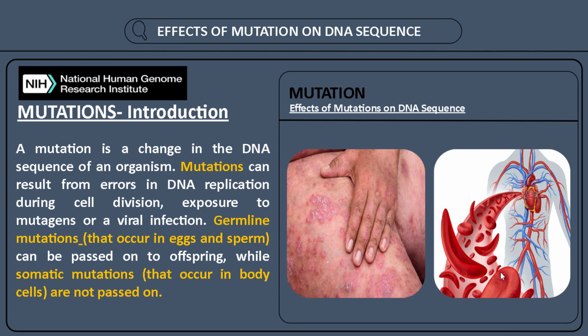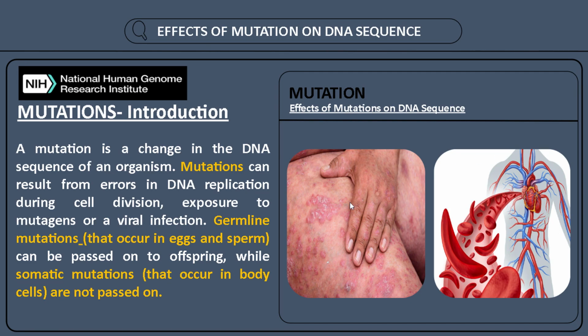This other one here is sickle cell anemia. This is common to persons who are anemic, so basically their blood count or blood cells are very low, and the production of their hemoglobin is very low.